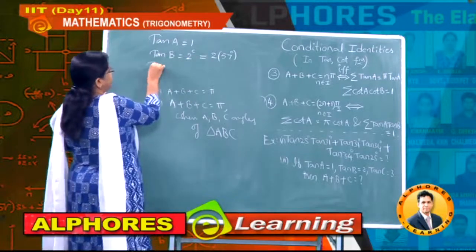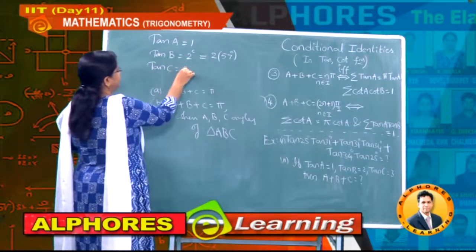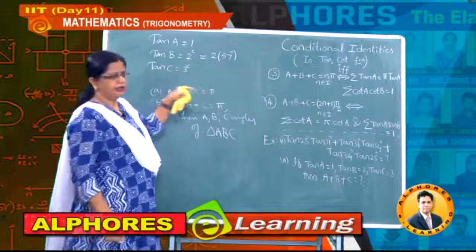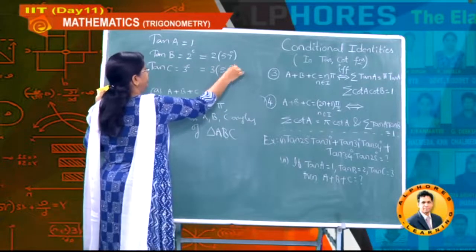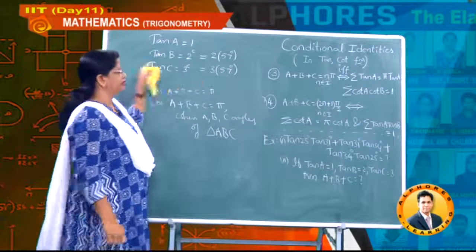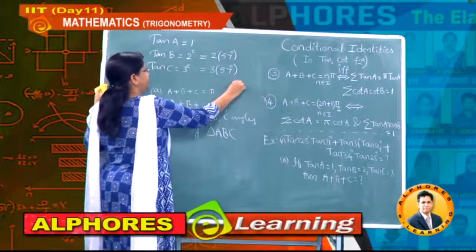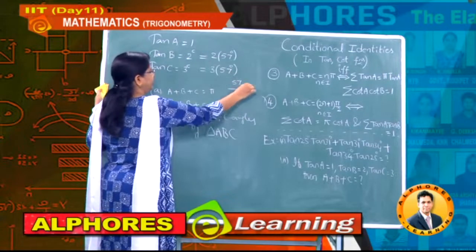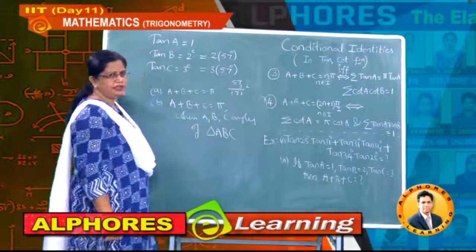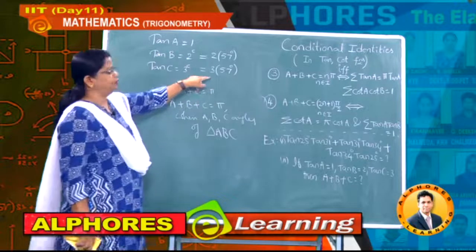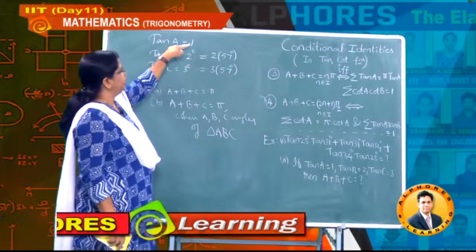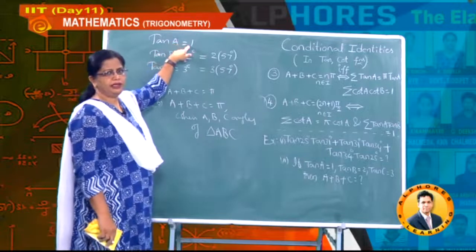And next tan C equal to 3. 3 means it is nothing but 3 radians. 3 radians means 3 into 57 degrees. Understand students, what is 57 into 3 actually? It is 171 here. That means here also you got an obtuse angle. So these two are obtuse angles and this one is an acute angle.